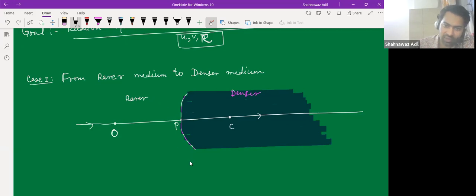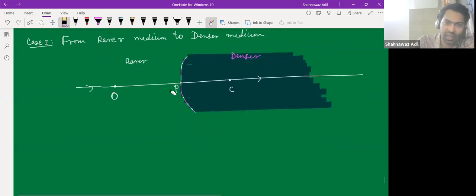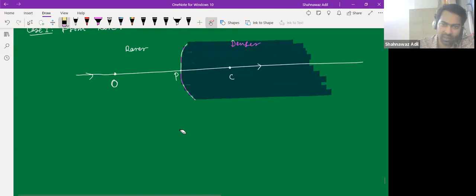If it would have been like this one, then it would have been a concave surface. Okay. And let's say we have this one, and this is the denser medium.